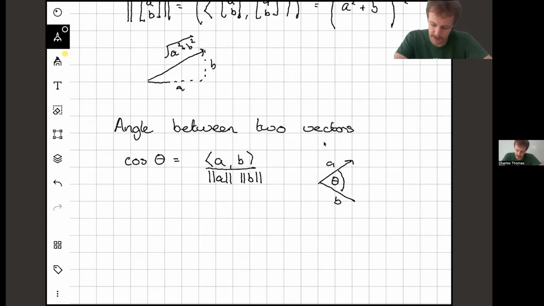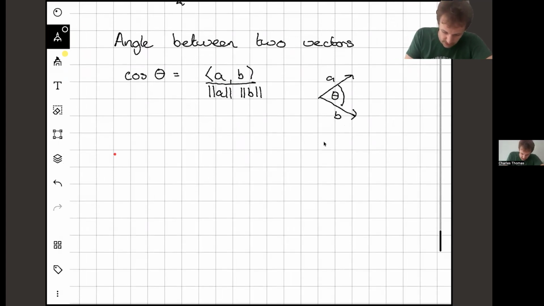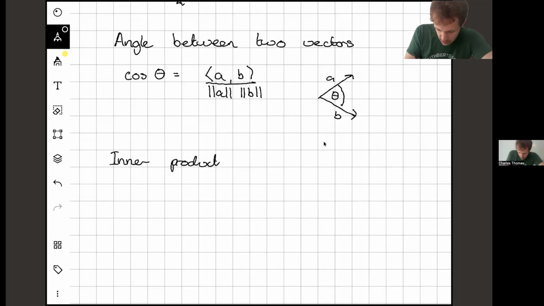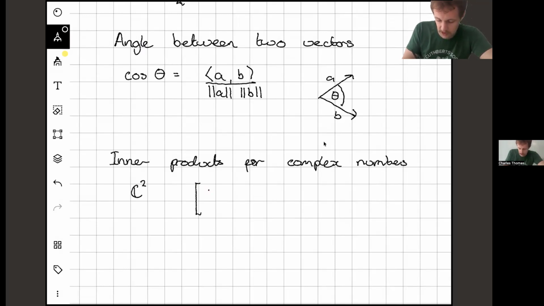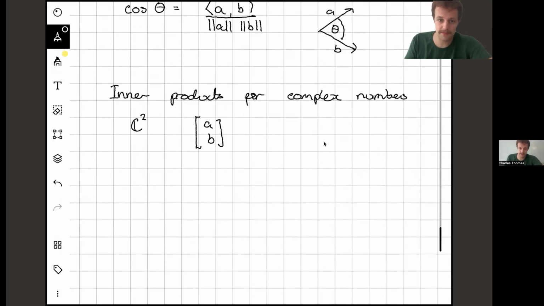Now, let's look at one final example, which is inner products for complex numbers. So let's look at C2, which is, once again, columns of two numbers, but this time we allow A and B to be complex numbers.